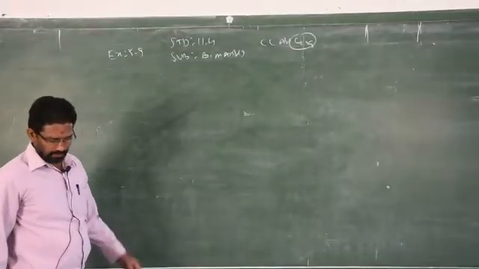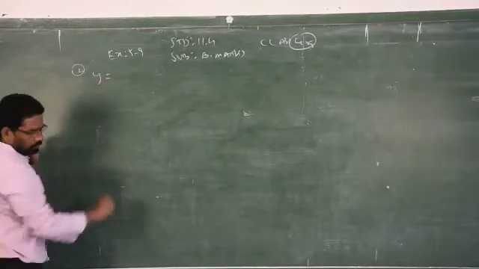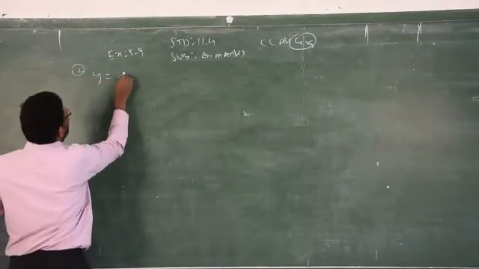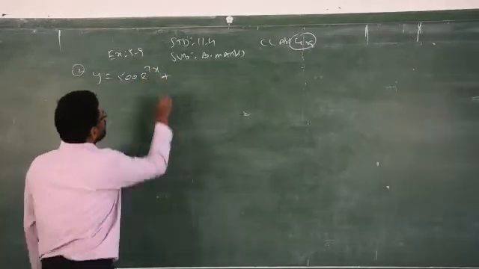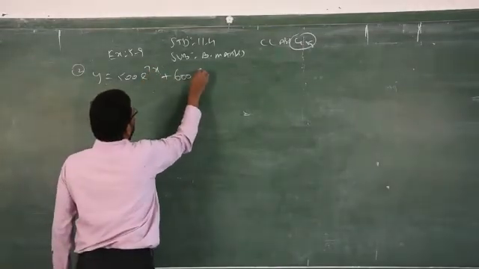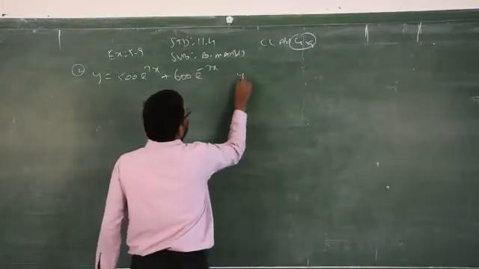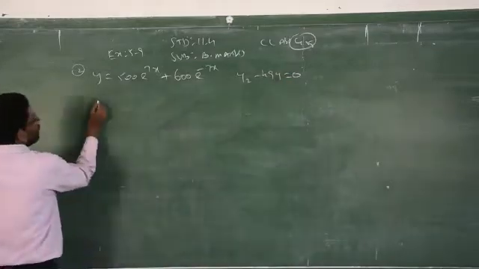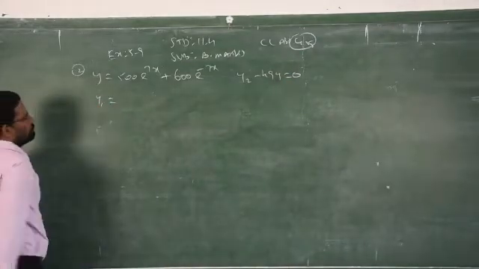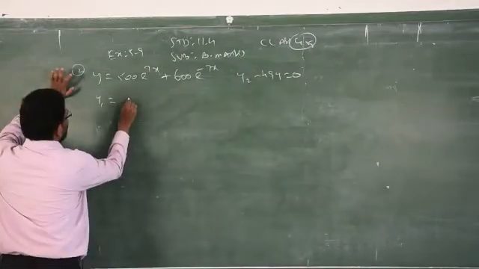We will continue with sum number 2, that is y is equal to 500 e power 7x plus 600 e power minus 7x. You are asked to prove that y2 minus 49y is equal to 0. To find y2, that is second order, you have to find out first order y1.